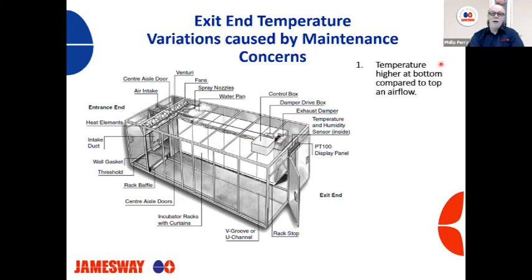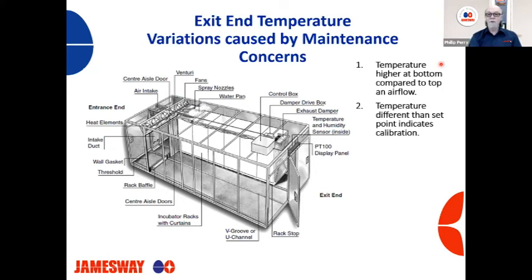First, higher at the bottom compared to the top is typically an airflow issue. So if we're hot at the bottom when we take that top, middle, and bottom temperature, then these are some of the things. A lot of times this can be fans, but any of these can cause that air to go over the top and just go directly to the bottom. It's typically an airflow.